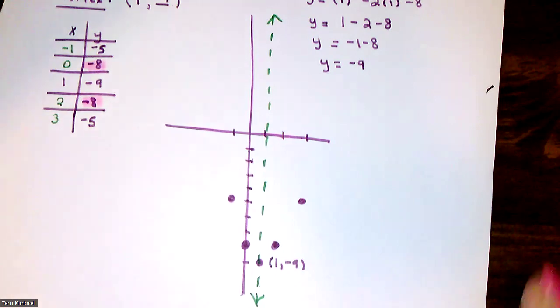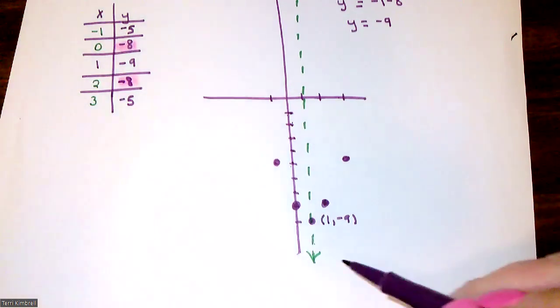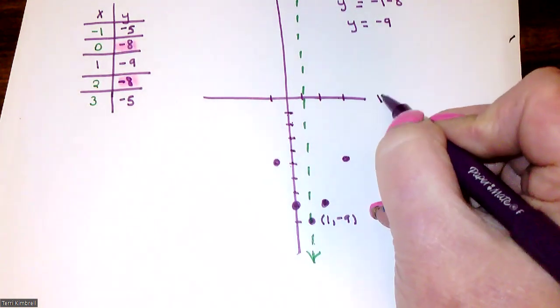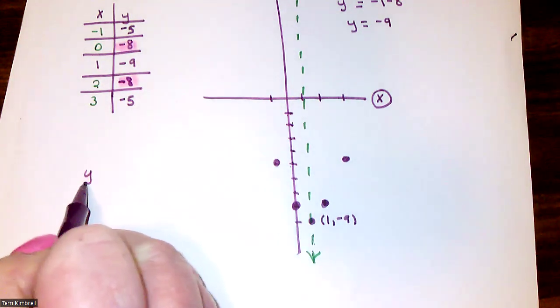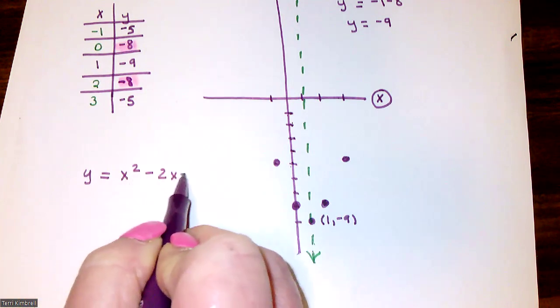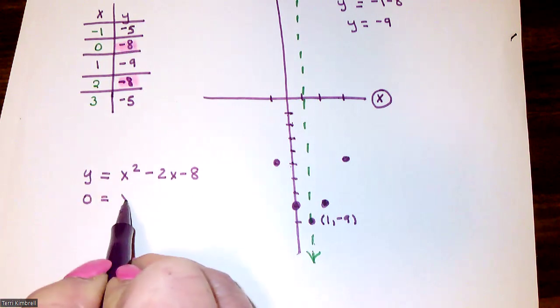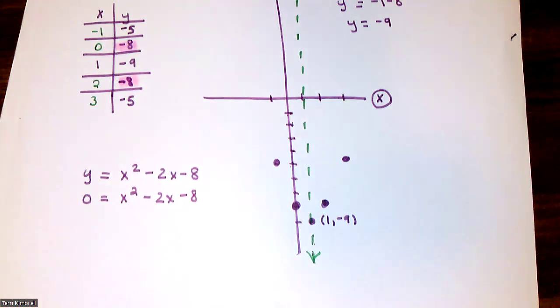Okay. So when you look at that, we kind of have an idea that this parabola is going to be going upward, but we need to figure out what our solutions are going to be. Okay. So when we're thinking about the solutions, and I go back to the original problem, to get the x-intercept, I'm going to put a 0 in, and I'm going to try to factor first.